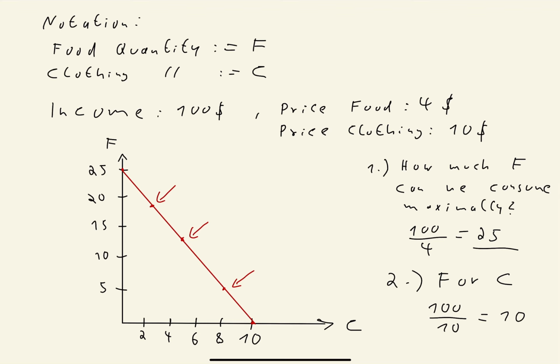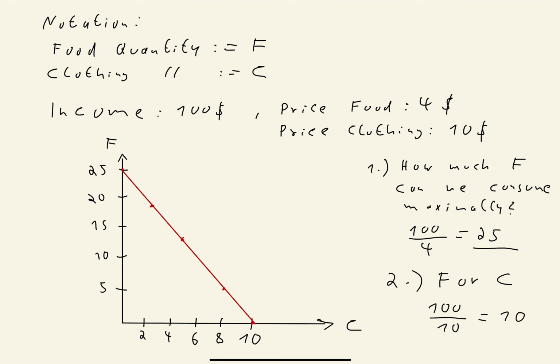At any point below, you are not spending your whole income on food and clothing, and at any point above, you don't have enough income to buy those bundles of food and clothing. Okay, so this is the budget constraint. Let me just get rid of those things.